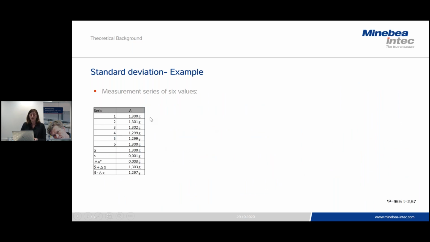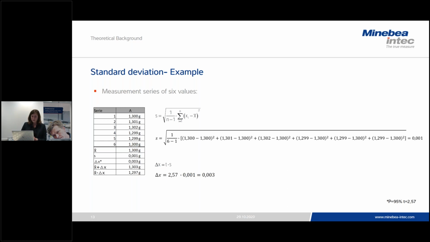I know this is very theoretical now, and for that reason I brought an example. We see here a measurement of 6 values, which are all lying around 1.3 grams. We can see this here, and the mean value is also 1.3 grams. So don't be scared of the formula. In the first step, we calculated the standard deviation, which is 0.001 gram.